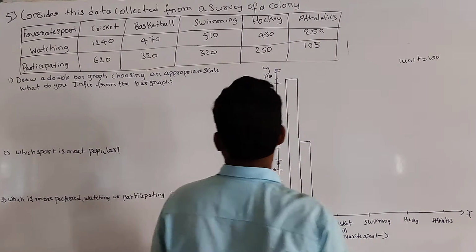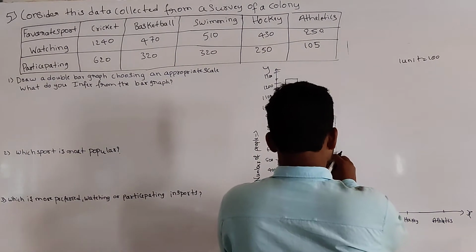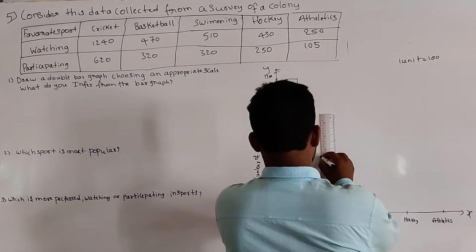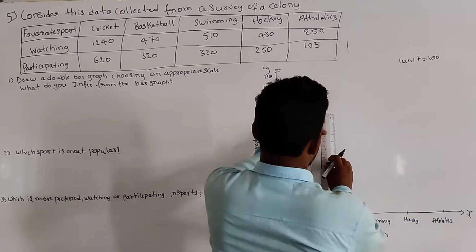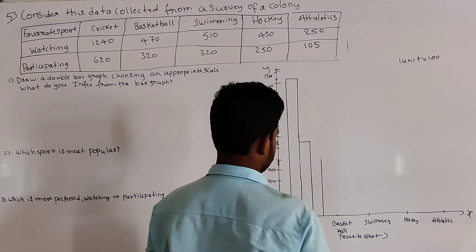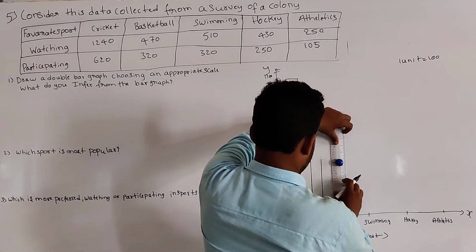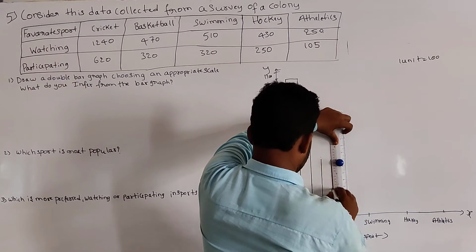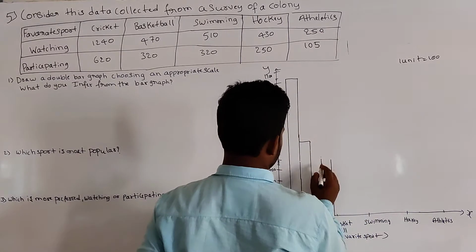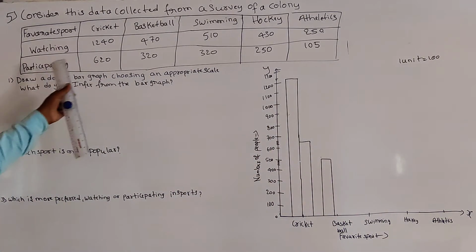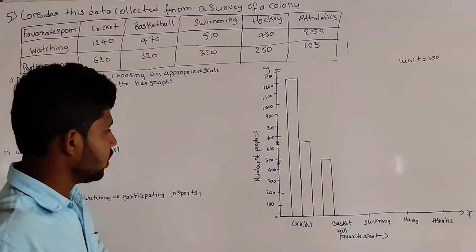You should draw the bar from basketball up to 470. This is the number of people watching basketball.